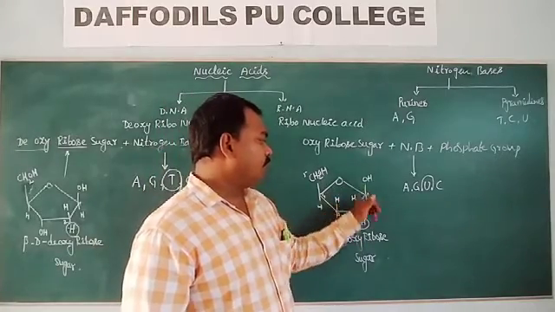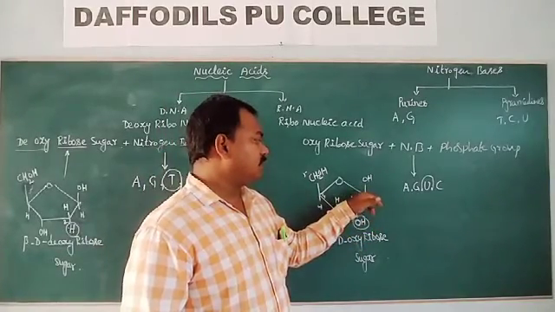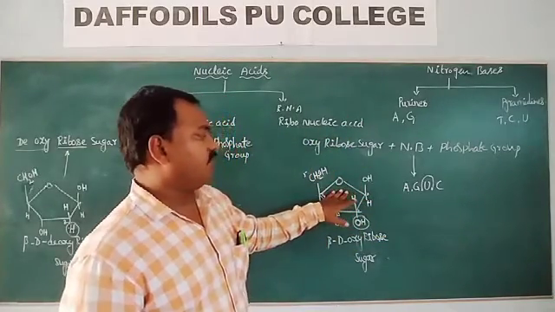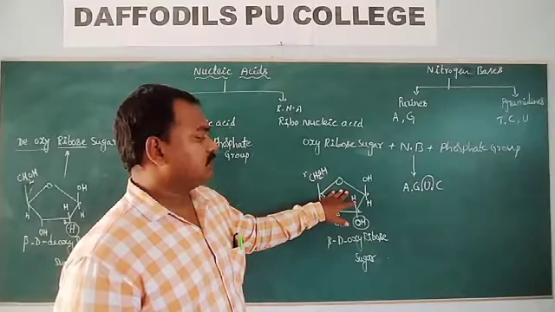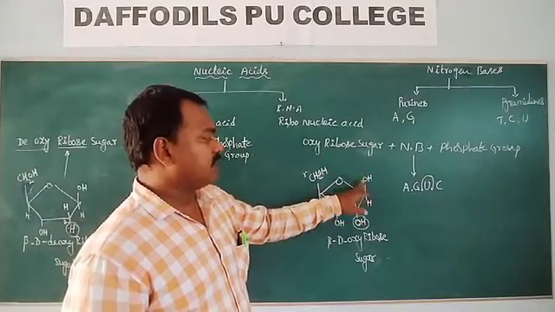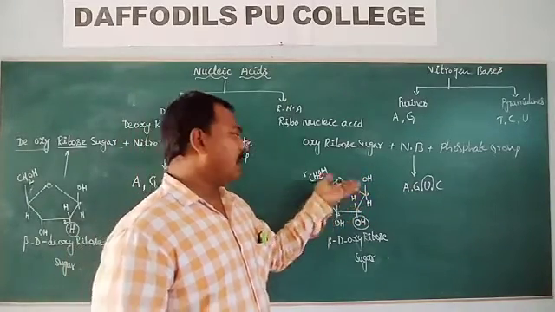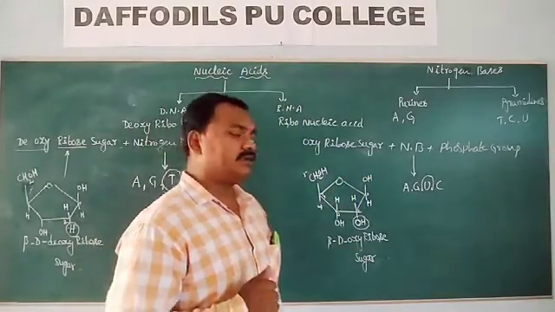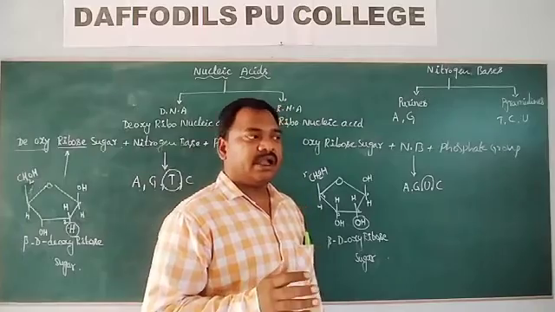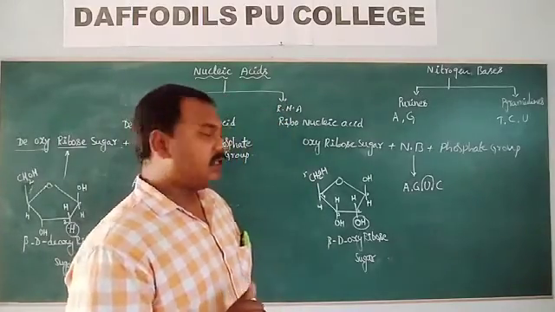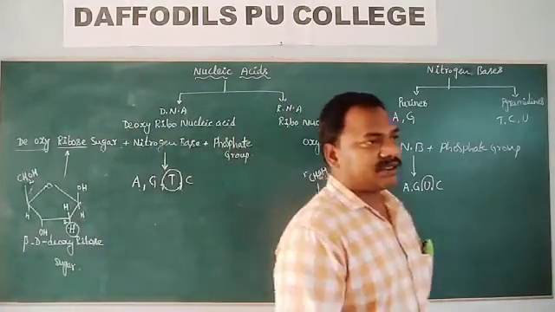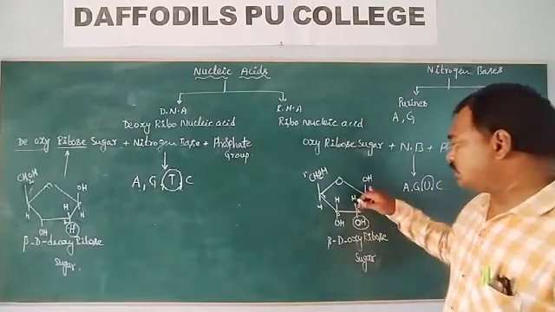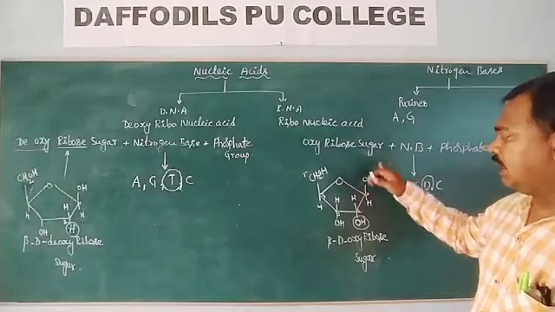The groups which are present above the plane of the Haworth form are represented at the left side in Fischer projection. So this one is present at the left side.